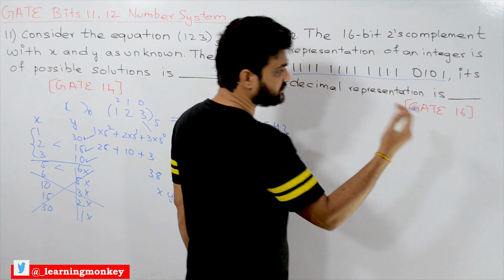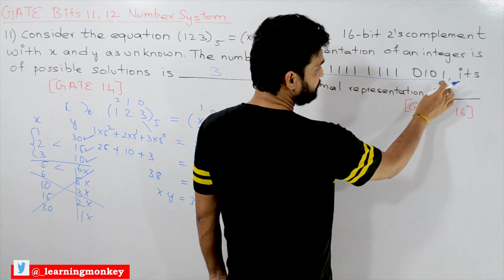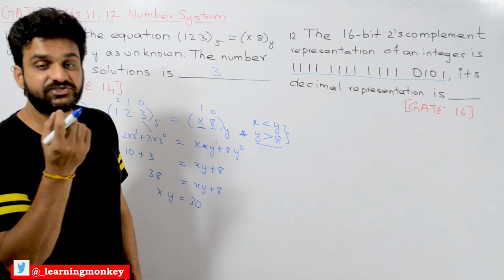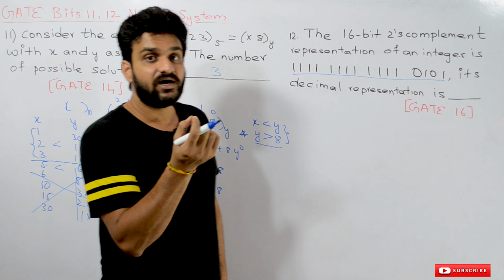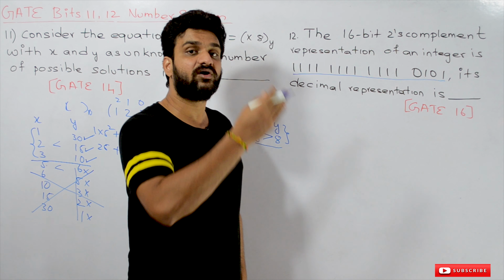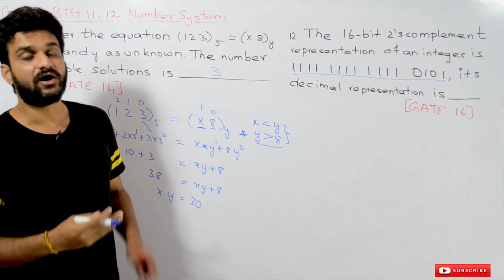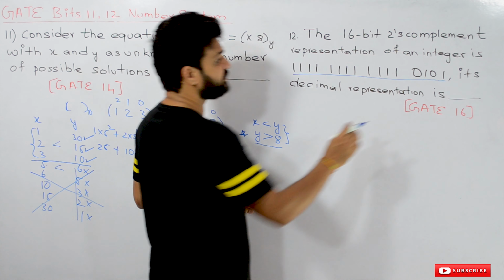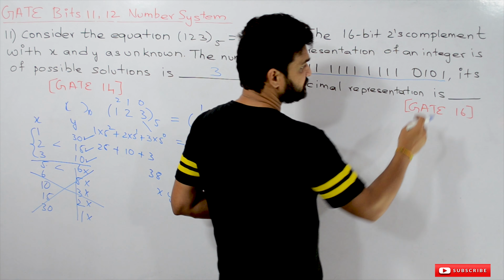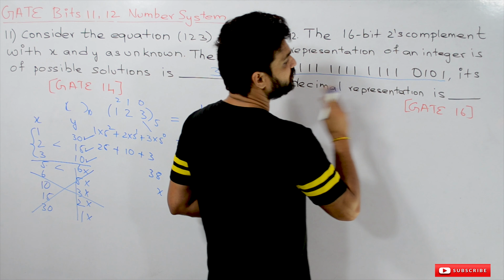What is the shortcut form of finding the 2's complement? First we have to identify the first one. After identifying the first one, all the values are to be complemented. So where is the first one? Until the first one, we take the values as they are, and after that we do the complement.